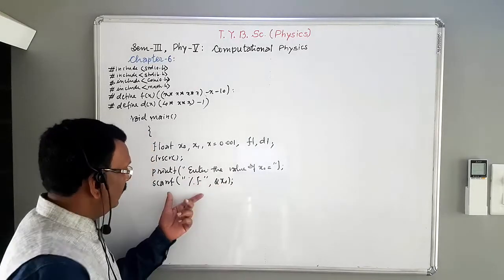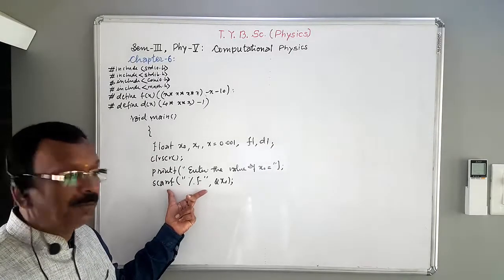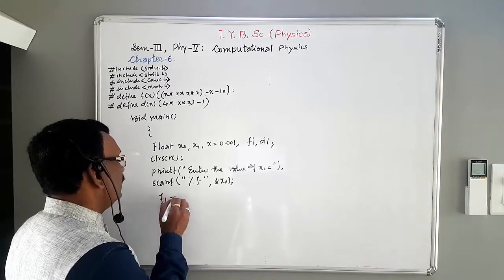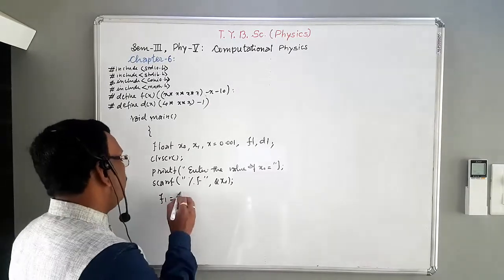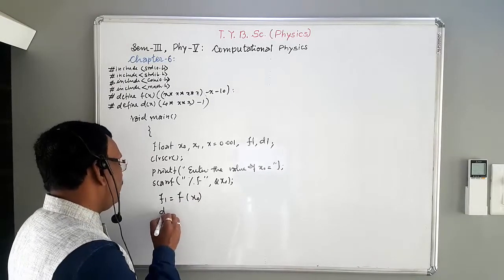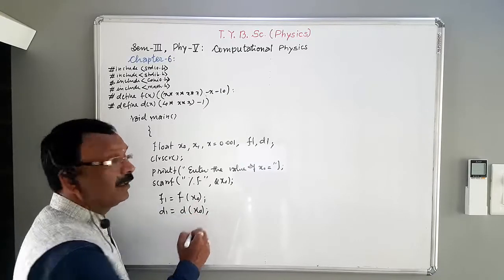With the help of this function, computer can read the value which is supplied by the user. Okay. Then f1 function should be calculated, f of x0. Okay. Then derivative of the function, that is first order derivative, d of x0.